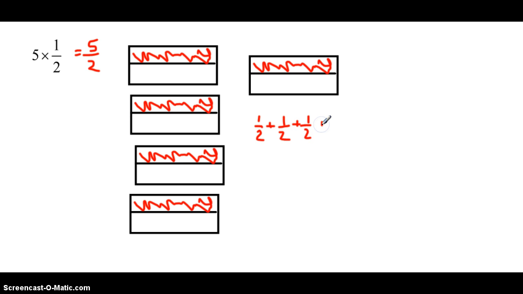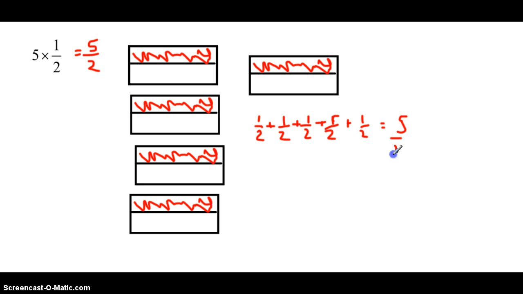We do get 5 halves. I'll just tidy this up and make sure it's nice and complete. So we've got 5 of those, and we've got 5 halves.